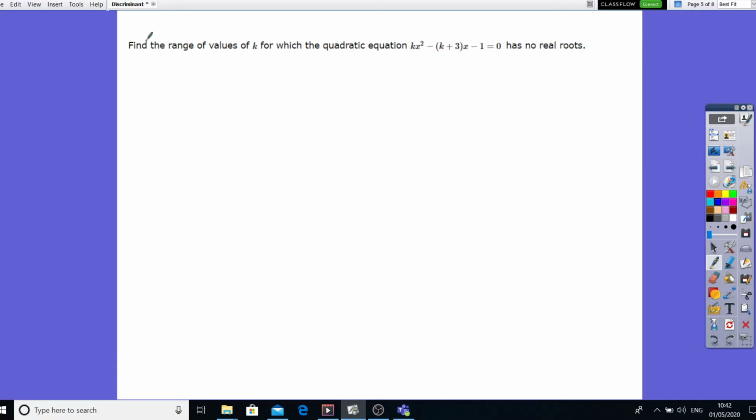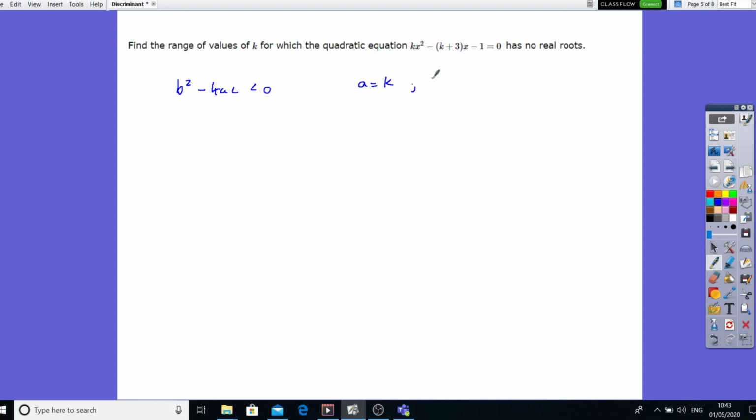Okay, same thing here. It goes find the range of values of k for which the quadratic has no real roots. So first of all, has no real roots. B squared minus 4ac is going to be less than 0, and the coefficient of x squared is a, which is going to be k in this case.